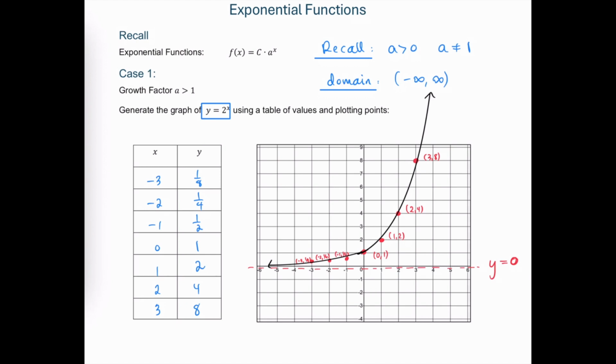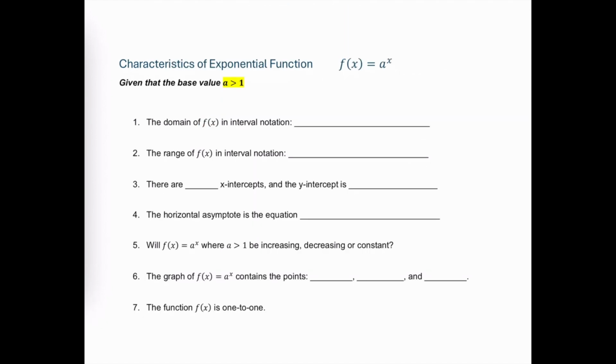So let's make note of the fact that this is an increasing exponential function, and we'll formalize some of these characteristics. When we have an exponential function that has an initial value of 1 and a base or a growth factor that is greater than 1, we know that the domain is going to be all real numbers because it's an exponential function, and the range of this function turned out to be from 0 to positive infinity.